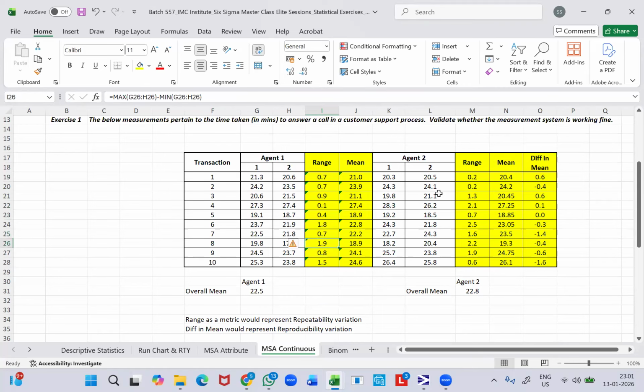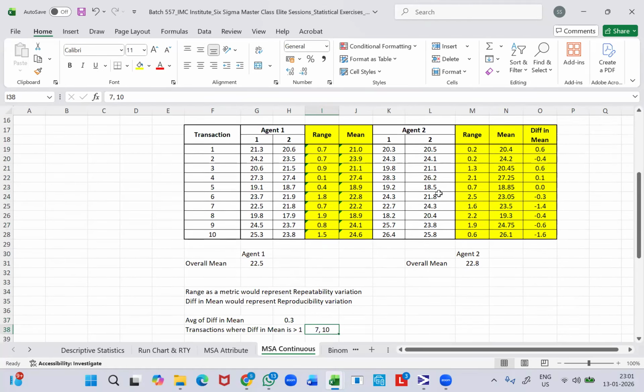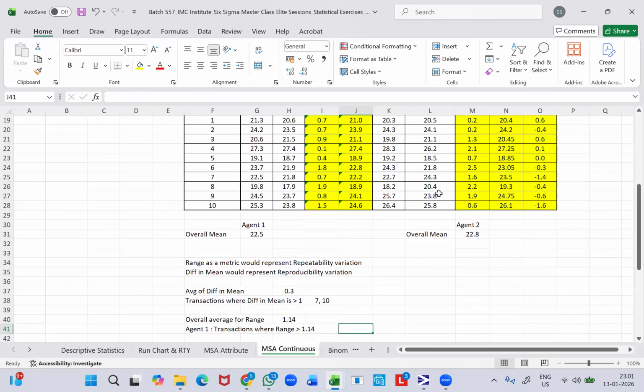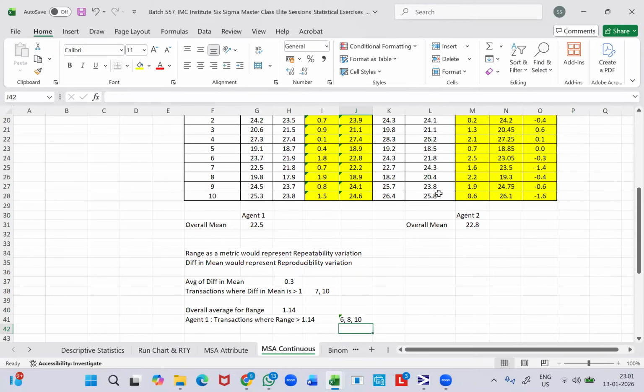Eighth transaction 1.9 is the range. 10th transaction 1.5 is the range. So 6, 8 and 10 are the three transactions pertaining to agent 1 where we have range values in excess of the overall average of 1.14.